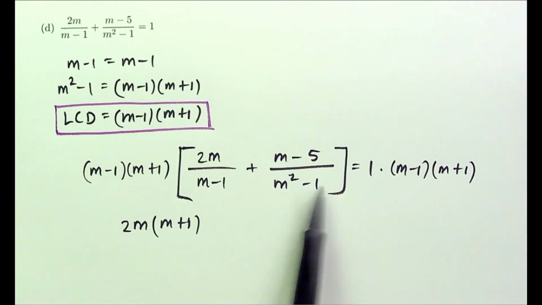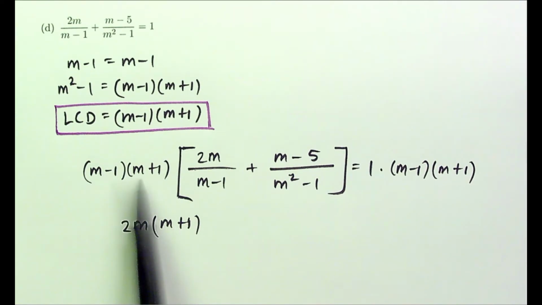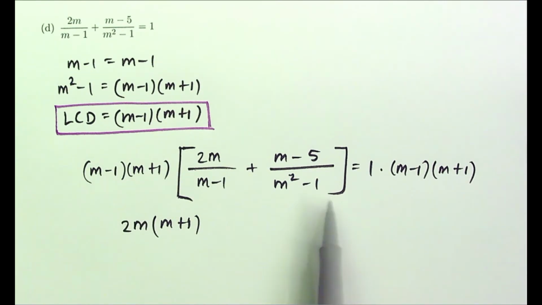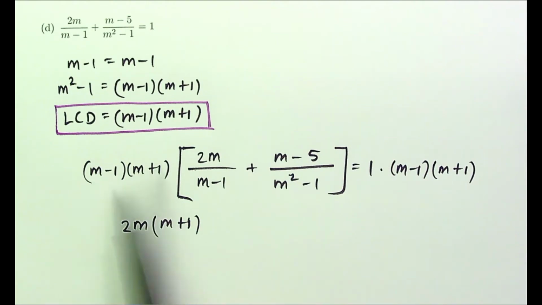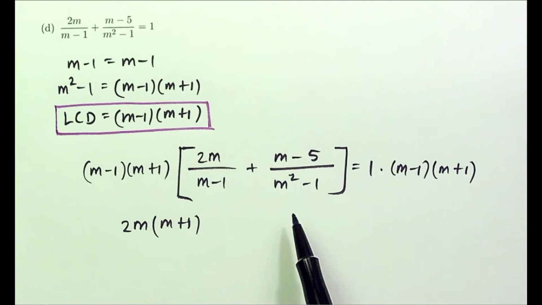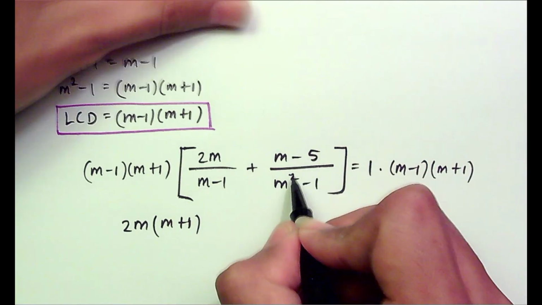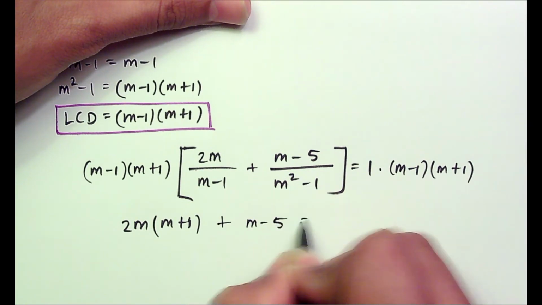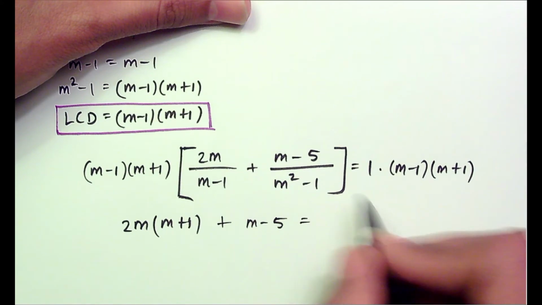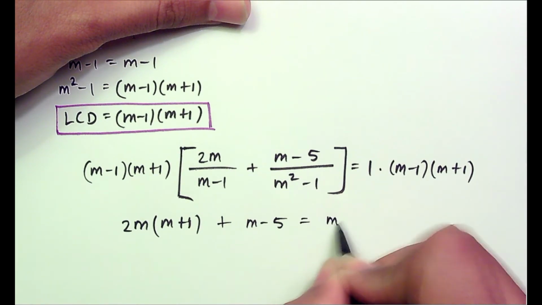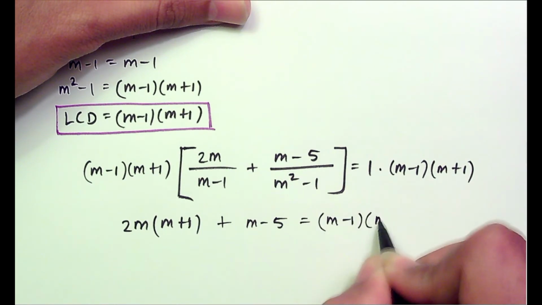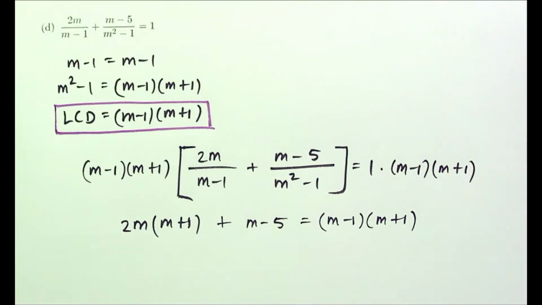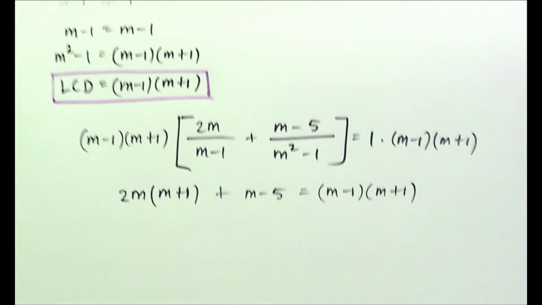The bottom is actually both. So if you imagine the bottom as being in factored form, then the whole bottom would cancel. That means you're only left with the top. So this would be m minus 5. All right, and then the right-hand side is still just that, because this time is 1, and multiplying by 1 doesn't do anything.